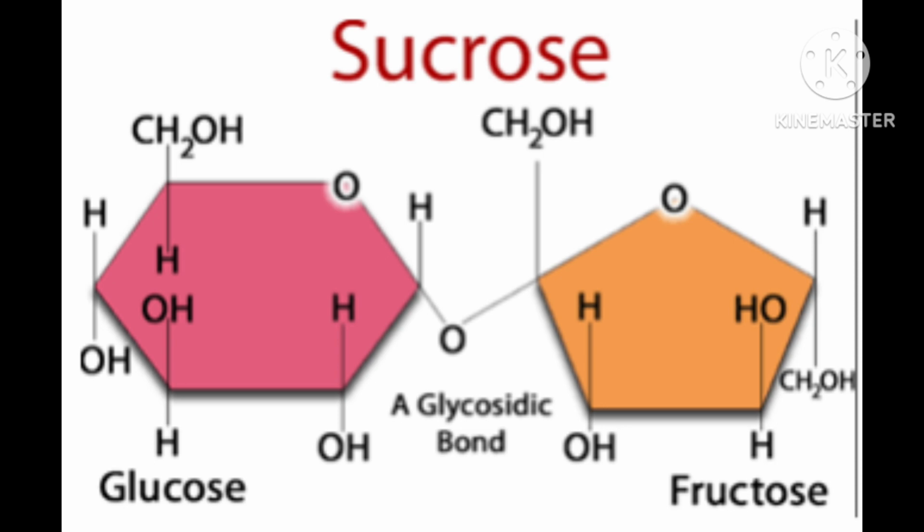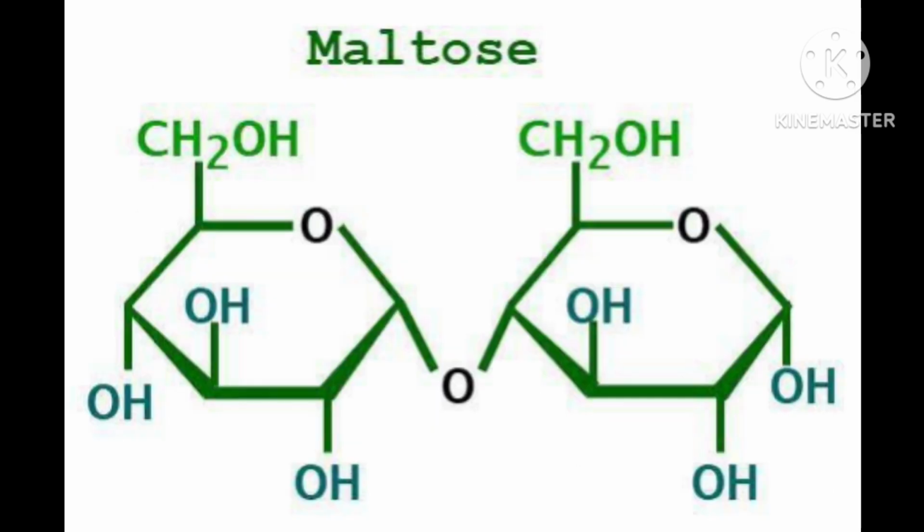Now when alpha-glucose and beta-fructose come close to each other, carbon number 1 of alpha-glucose and carbon number 2 of beta-fructose both have an OH group.